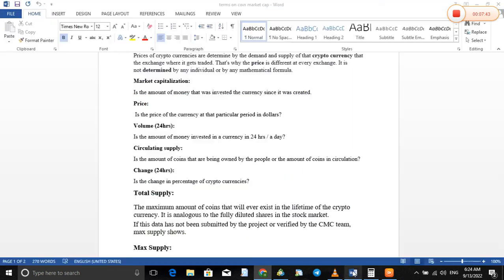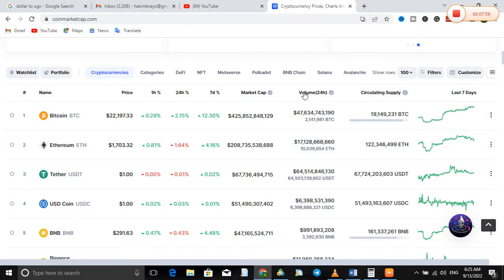Now, another thing on our list is volume in 24 hours. It is the amount of money invested in that currency in 24 hours, or in one day. When you go on CoinMarketCap and you focus on volume in 24 hours, we can see this is 47 billion dollars invested in only Bitcoin every 24 hours.